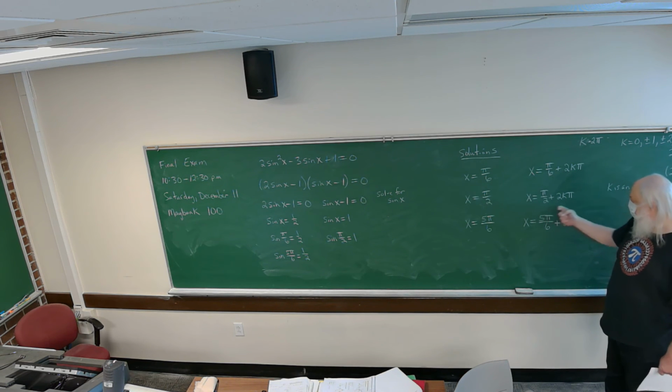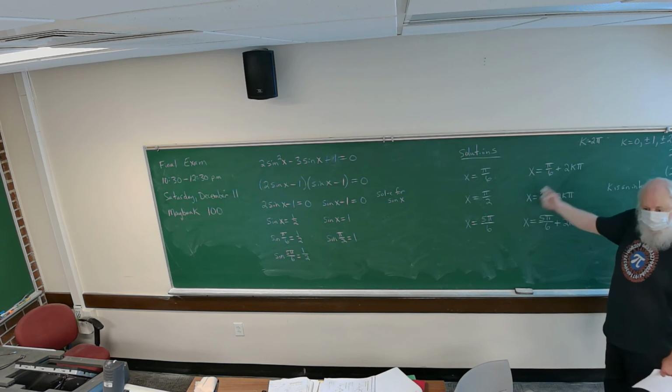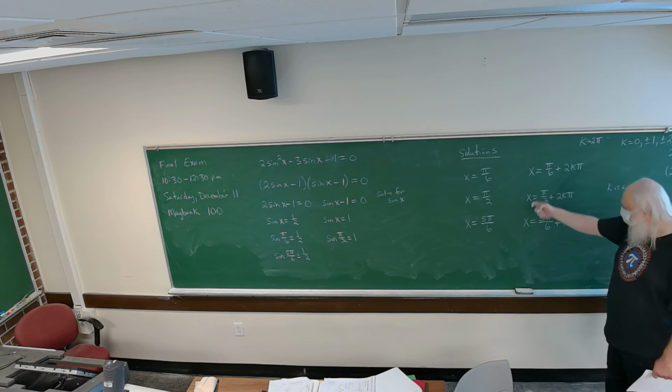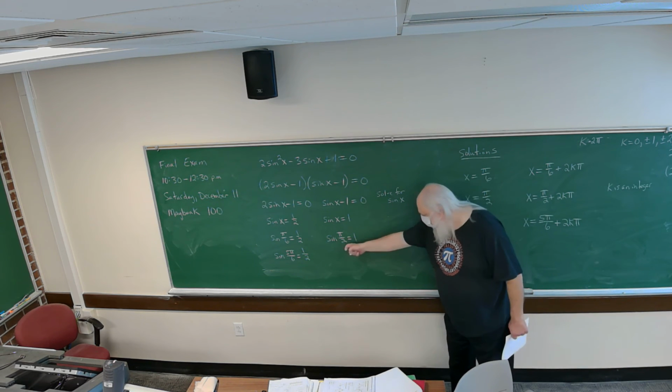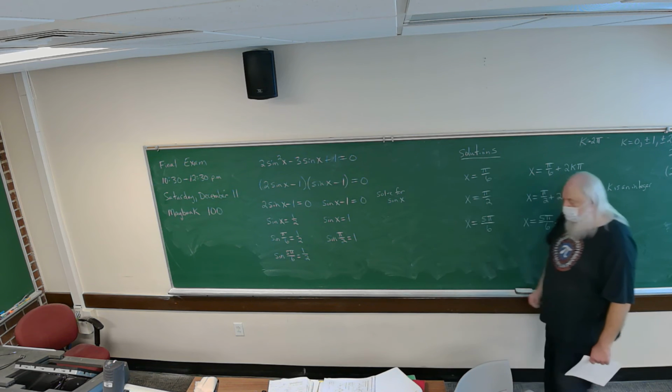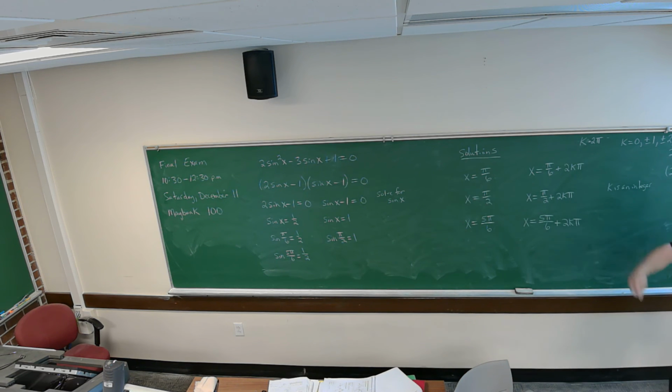When you add an integer multiple of 2 pi to pi over 2, you create a coterminal angle, and the sine of that coterminal angle is equal to 1, just like the sine of pi over 2 is equal to 1. And this all gets back to the periodicity of the sine function and cosine function, how they repeat their values every 2 pi radians.